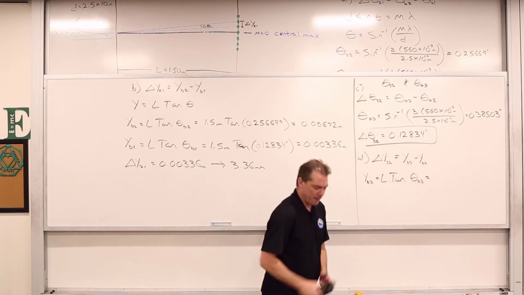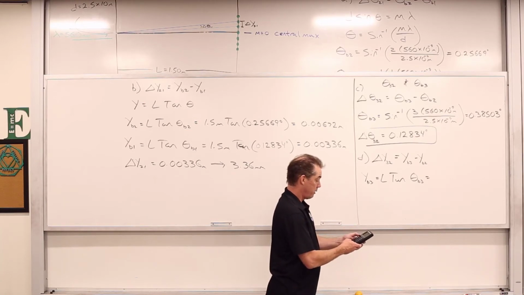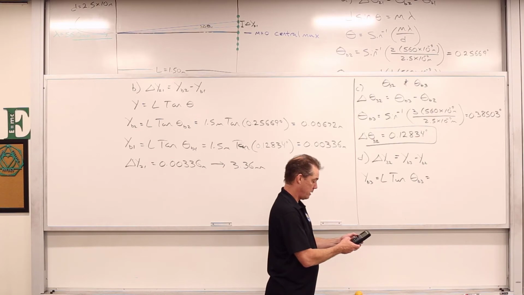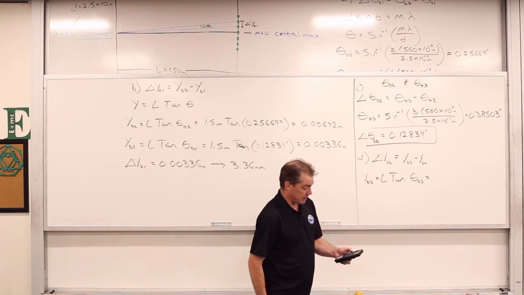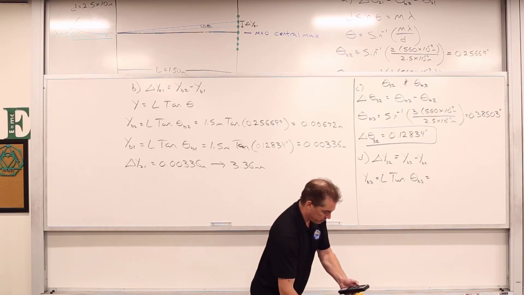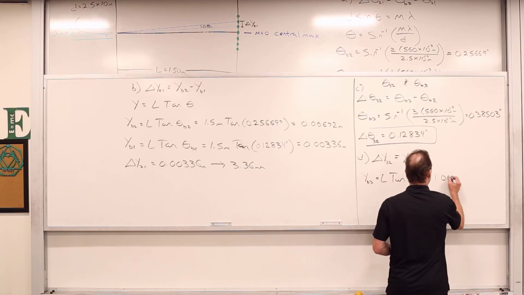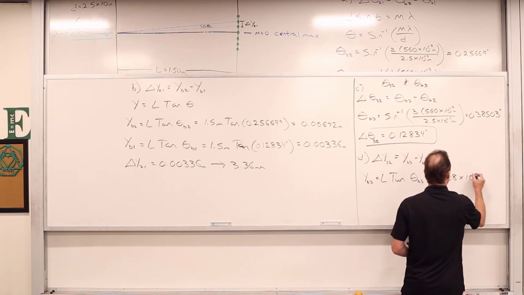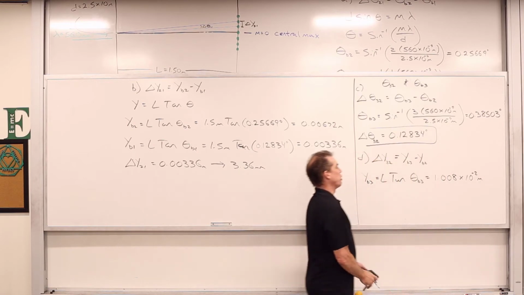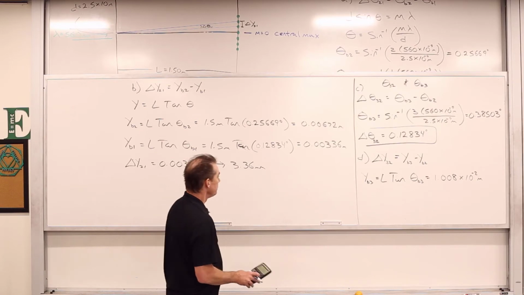So let's calculate that. 1.5 times the tangent of 0.38503, and we get 1.008 times 10 to the negative 2 meters, or 10.08 millimeters. That'd be fine too.